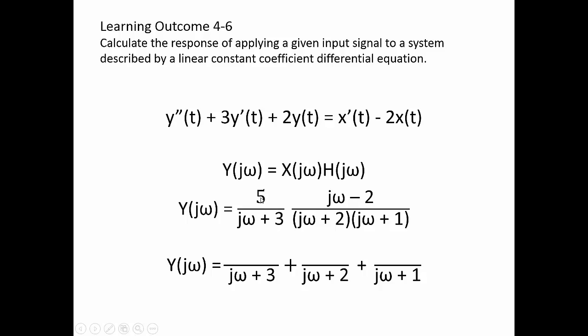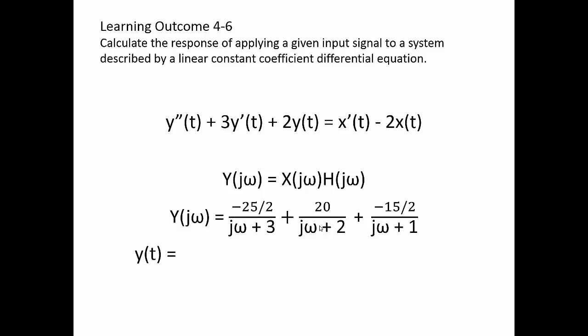Substitute that in to here, here, here, and here. What value of j omega makes this term go to 0? Substitute that here, here, here, and here. What value of j omega makes this term go to 0? Substitute that here, here, here, and here. There we go. Partial fractions taken care of.